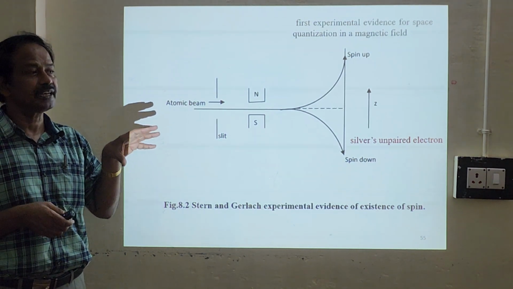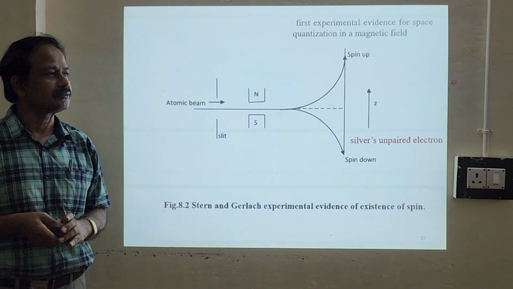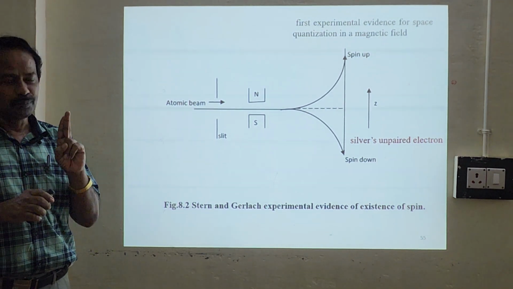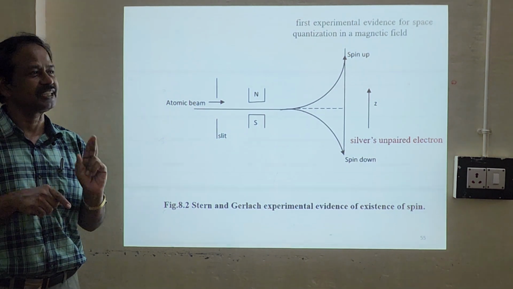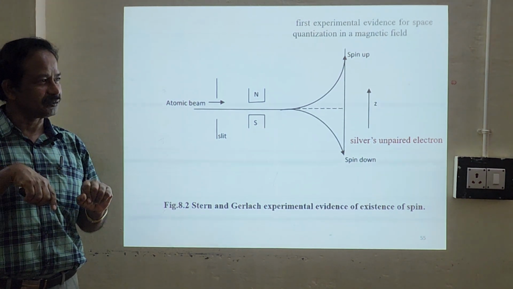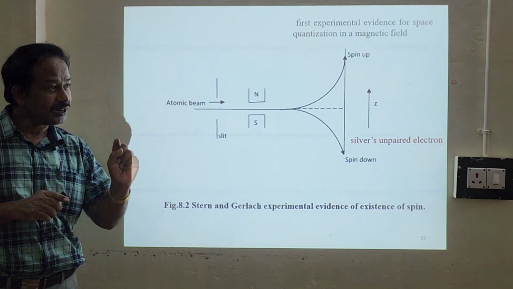Half of the electrons go up, half come down. So the electron has both states before the measurement. This is a superposition of states, a linear combination of spin up and spin down. The moment you measure, it shows either spin up or spin down.